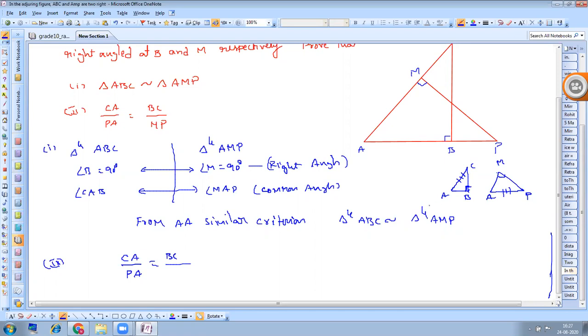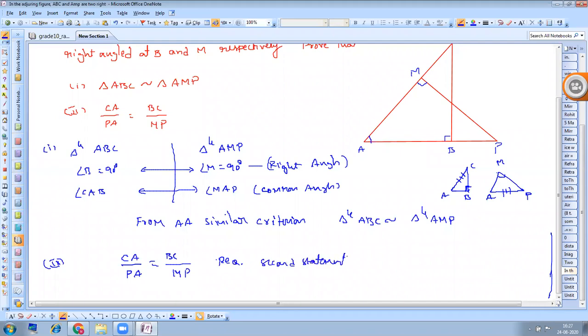The corresponding side of BC is MP. Because A is the common angle, opposite to A is MP, and here also opposite to A is BC. So for the sides opposite to angle A, both are in the same ratio. So automatically I can say this is the required second statement.